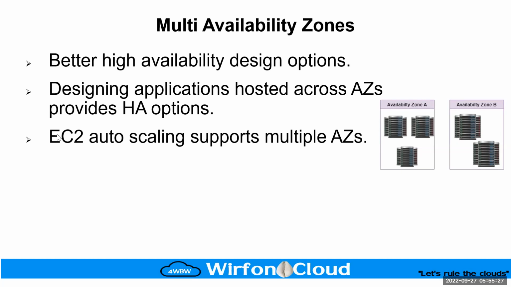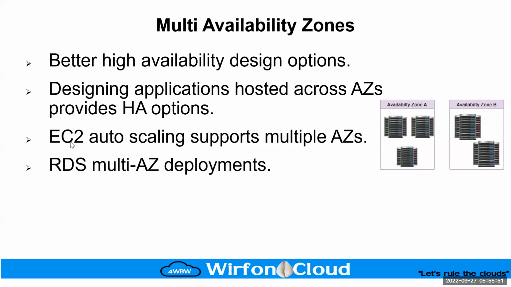An example is Elastic Compute Cloud Auto Scaling, which supports multiple AZs. Compute, we'll be looking into in detail next week. But for now, the auto scaling option of EC2, whose full name is Elastic Compute Cloud, supports multiple AZs.